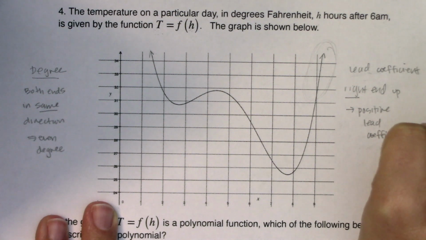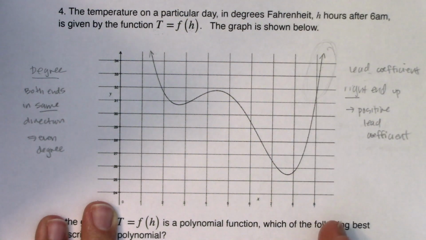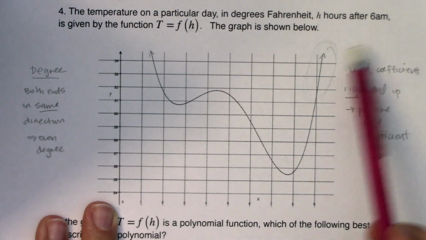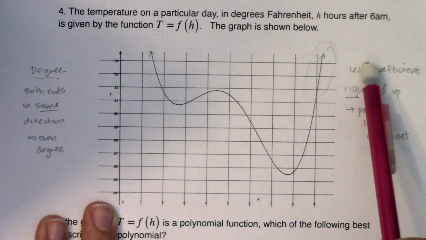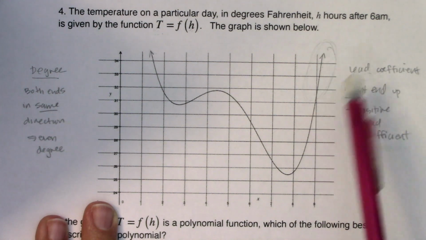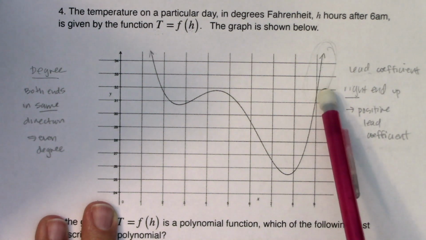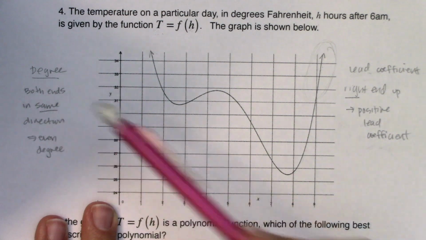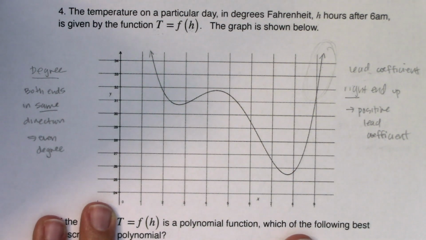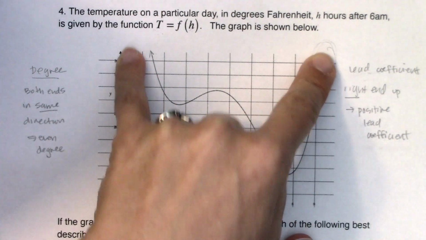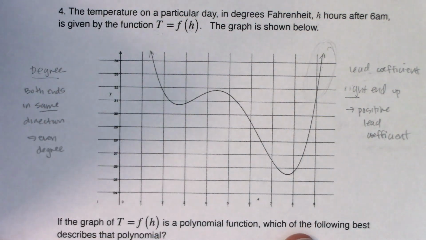Coefficient, I can spell it, there we go. If the right end had been down, then I would have had a negative lead coefficient. So we can tell the sign of the lead coefficient, whether it's positive or negative, based on the right end. And we can at least get some hints about the degree of the polynomial itself based on if both ends are moving in the same or opposite directions.